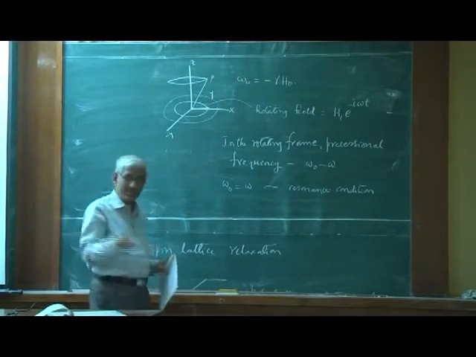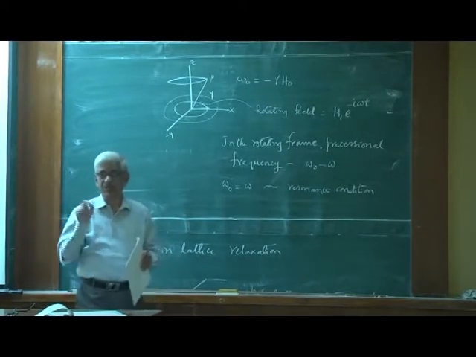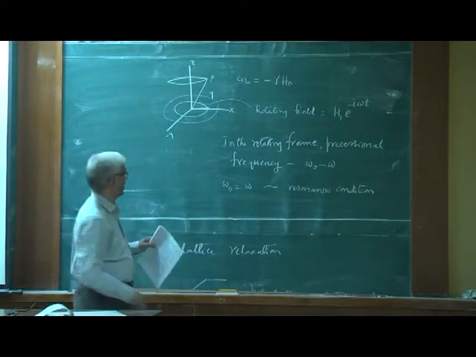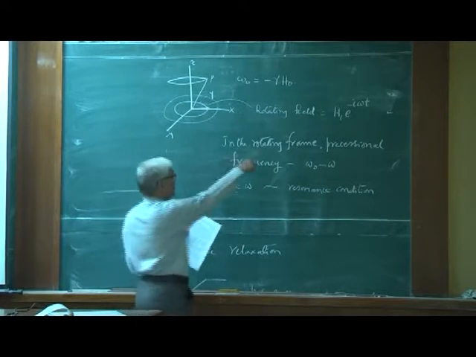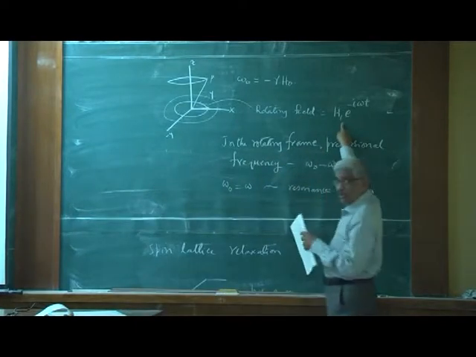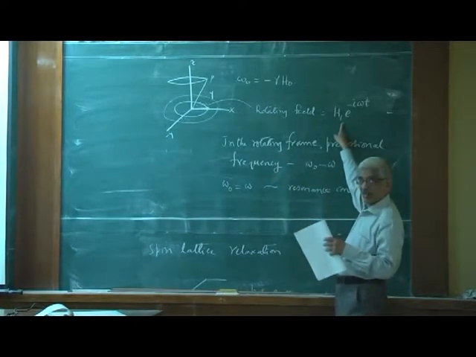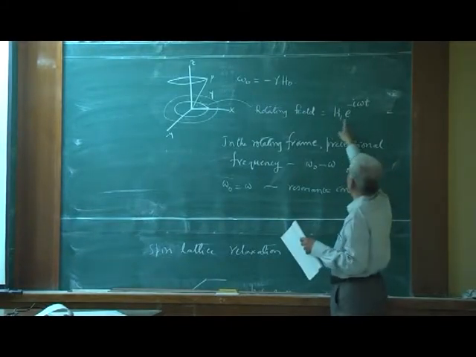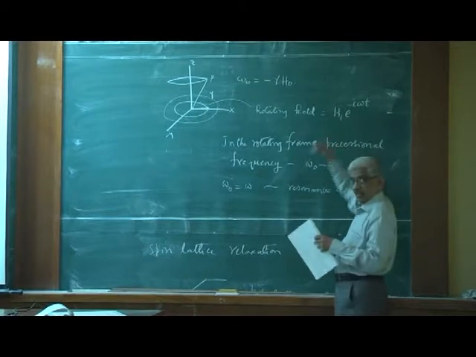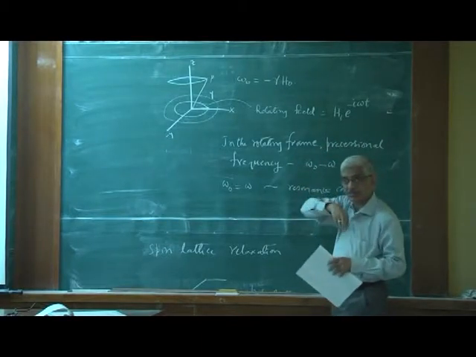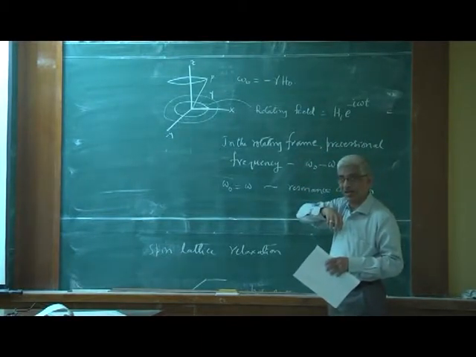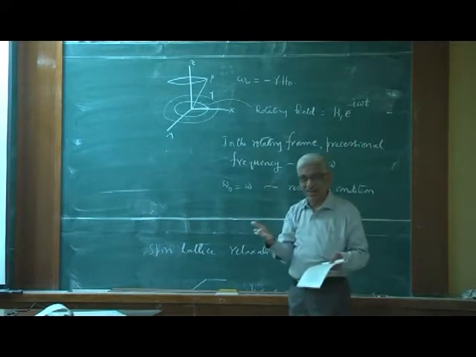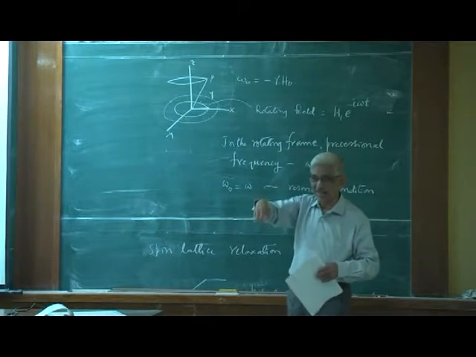Okay? Then this spin will interact with your H1 field. How will there be an H1 field, because we are sitting on the same application? Yeah, but this H1, this is the amplitude of the field, and this is the frequency. But the amplitude is there.